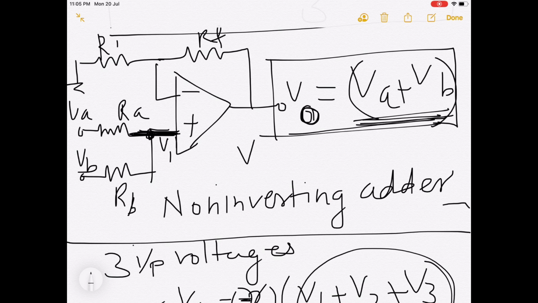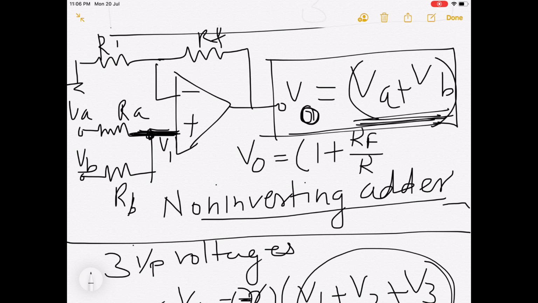For this, the formula is VO is equal to, this is which circuit, non-inverting adder circuit, non-inverting gain formula is 1 plus RF by R into VA plus VB. Okay, so this is the formula for calculation of the gain of op-amp in non-inverting amplifier.